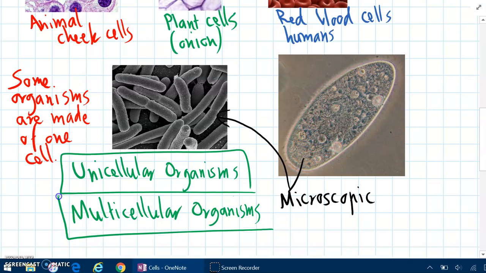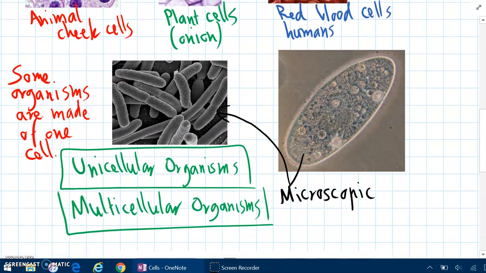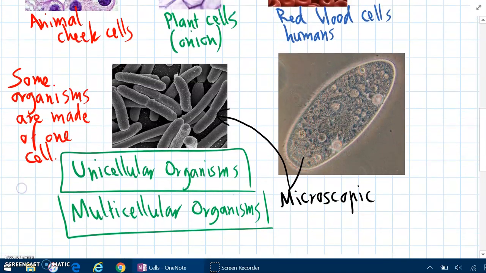And these are organisms that are made of lots of cells, and these are the ones we can see with our own eyes. So all the animals, well, most animals, and plants, all the larger organisms.